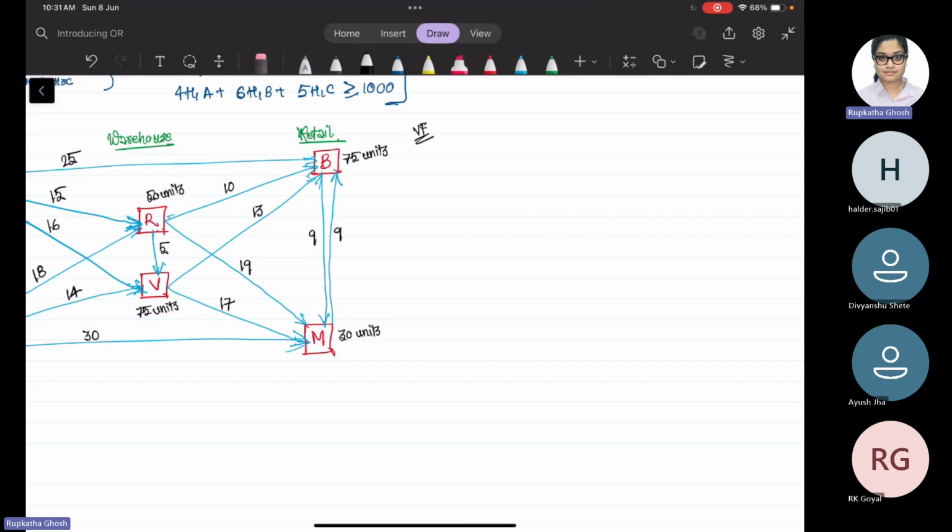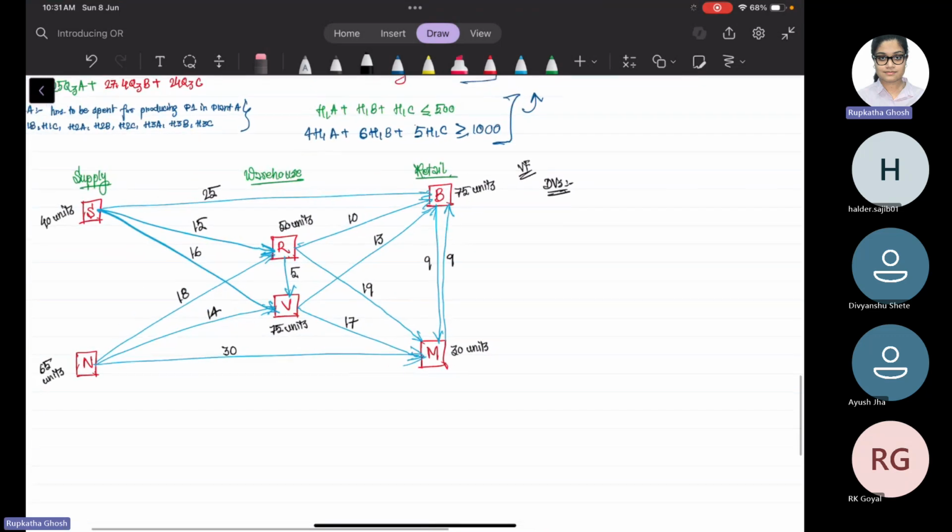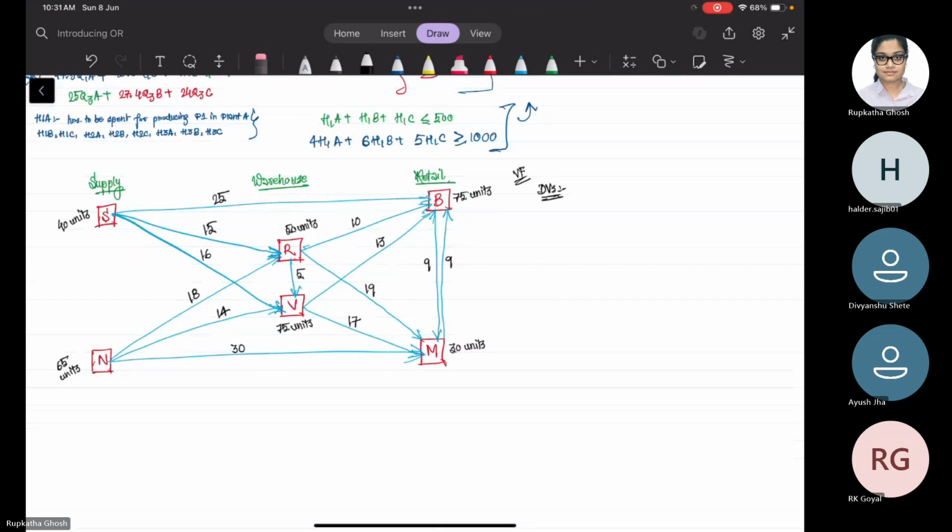So in the verbal formulation, what are the decision variables here? Can anyone tell me what are the decision variables? Any idea?